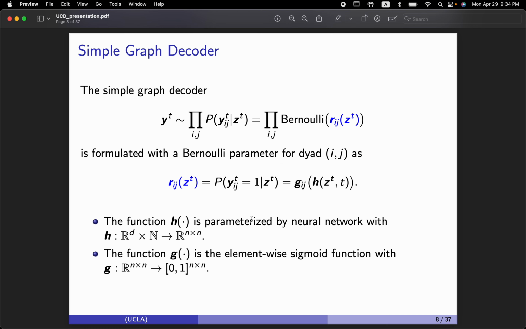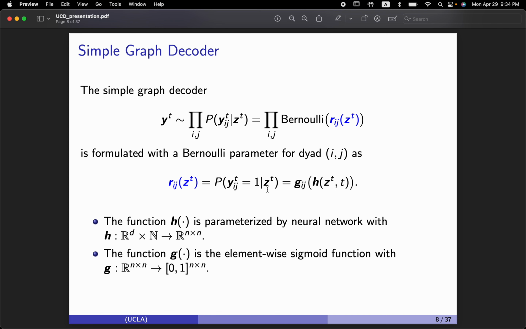Now let's look into the graph decoder. The graph decoder is a dyadic Bernoulli distribution with a Bernoulli parameter for dyad ij, denoted as R_ij. This is the parameter for Y_tij equal to 1 given Z_t, and we let this parameter be a neural network.